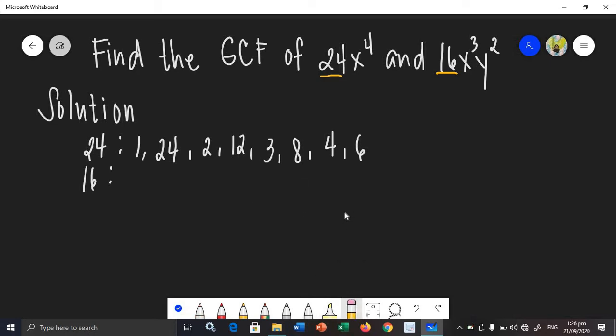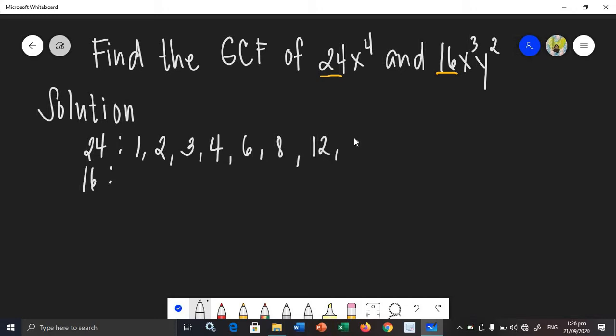Pero, in getting the GCF, para hindi na tayo mahirapan, I suggest that you arrange your factors from least to greatest. Okay? So, I'm going to write the factors 1, 2, 3, 4, 6, 8, 12, and 24. Ayan, para maganda din siyang tingnan, naka-arrange siya.